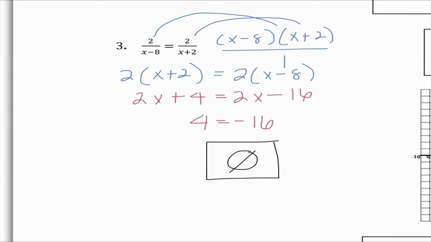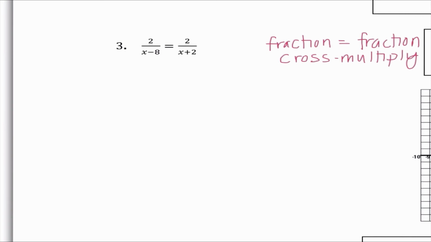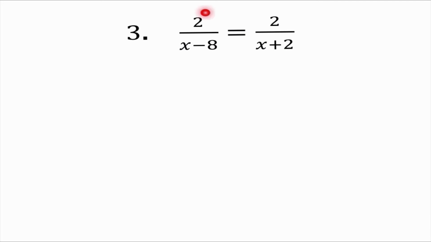So now I'm going to take us through the second way we could solve this particular problem. So what makes this problem unique is I have a fraction equal to a fraction. And when I have this, I can go ahead and cross multiply. So let me demonstrate how we would do that. So I'm going to multiply the numerator of one fraction times the denominator of the other fraction.